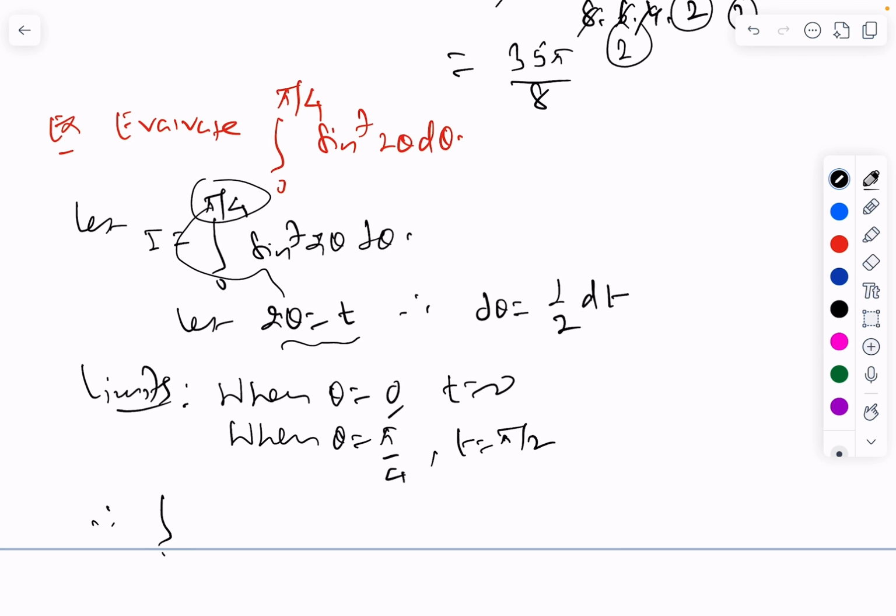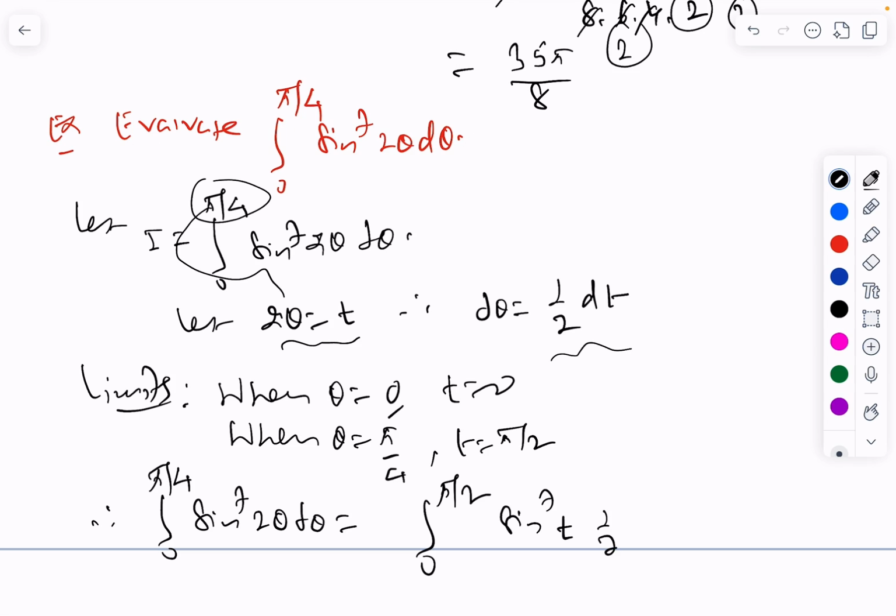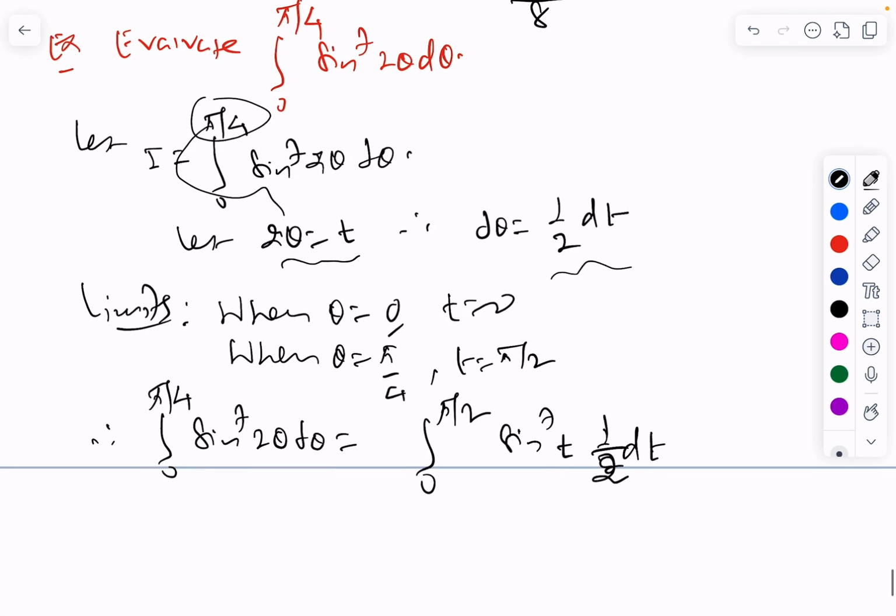And therefore, integration 0 to pi by 4 sine power 7 2 theta d theta equal to integration 0 to pi by 2 sine power 7 t and 1 by 2 dt. So this is equal to 1 by 2.